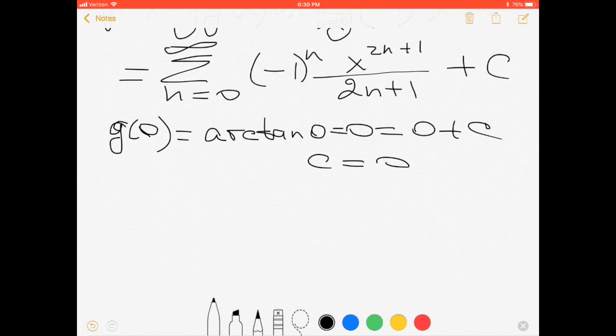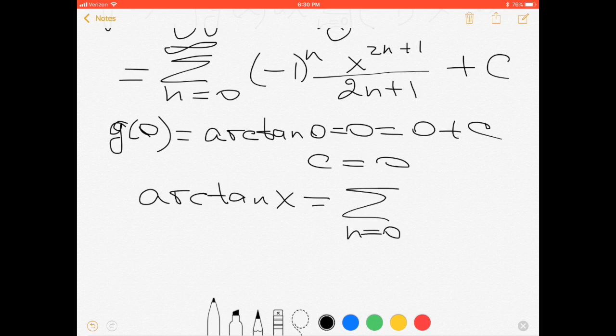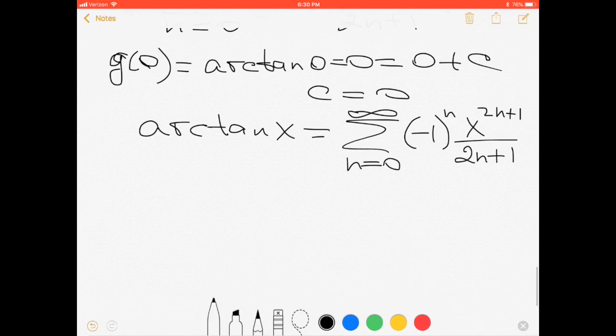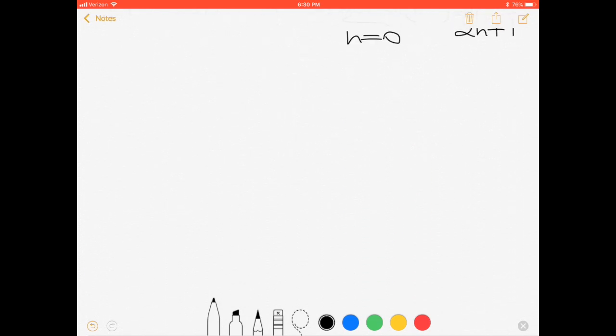And now we have proved that arctan x is the sum from n equals 0 to infinity of negative 1 to the power n, x to the 2n plus 1 power over 2n plus 1. Great. Now let's solve a couple of examples from your book. It will help you with solving homework.